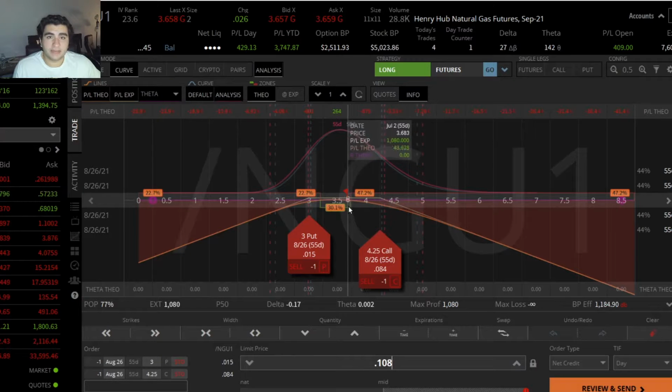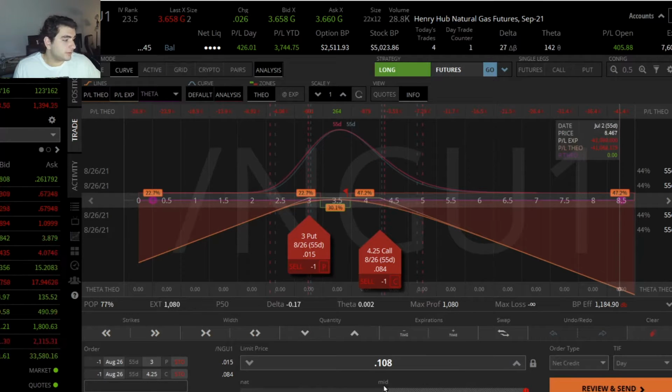This is times 10,000 to get the tick value of $10 per point, which is the point value right here. This 8 is the lowest point that natural gas can trade for, which is $10 up. So if I sold it for 109, that would be $1,090. I sold it for 108, which is $1,080.